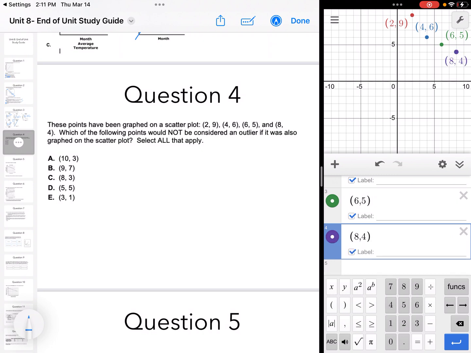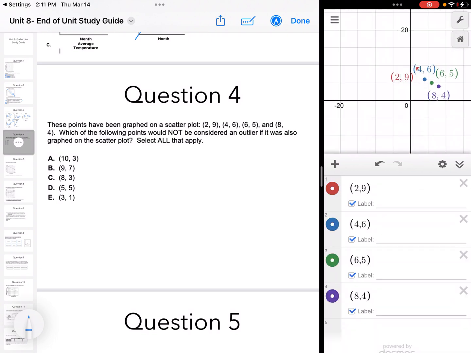All right, so those are my points. So right now it's going down. So they want to know which would not be considered an outlier.